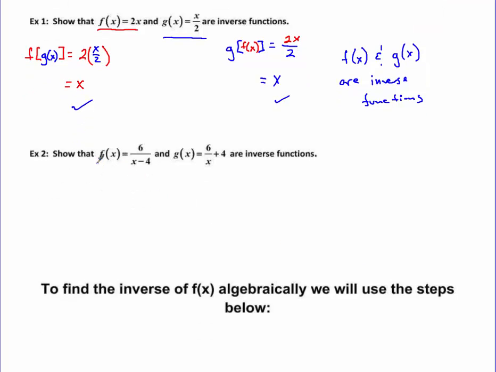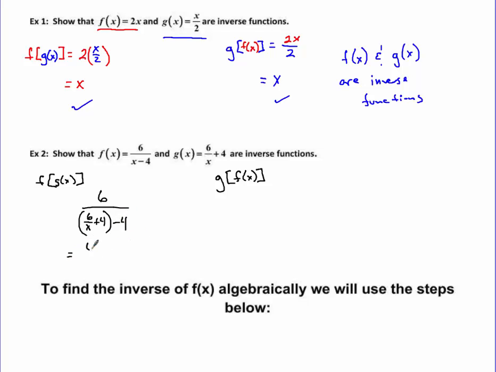All right, so let's show that f of x and g of x are inverse functions. So we need to do f of g of x, and we need to do g of f of x. So f of g of x, well, that's 6 over x plus 4, because that's g of x, minus 4.